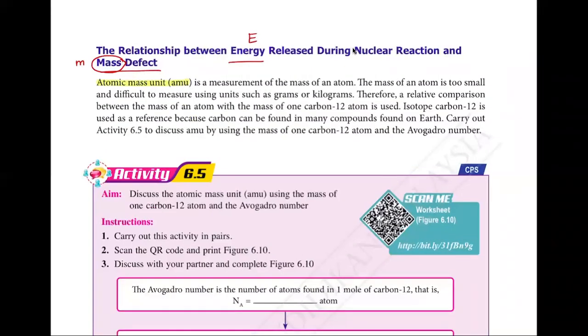The mass of an atom is too small and difficult to measure using units such as grams or kilograms. Therefore, a relative comparison between the mass of an atom and the mass of one carbon-12 atom is used. Isotope carbon-12 is used as a reference because carbon can be found in many compounds on Earth. So that is why we use the isotope carbon-12 in the calculation.